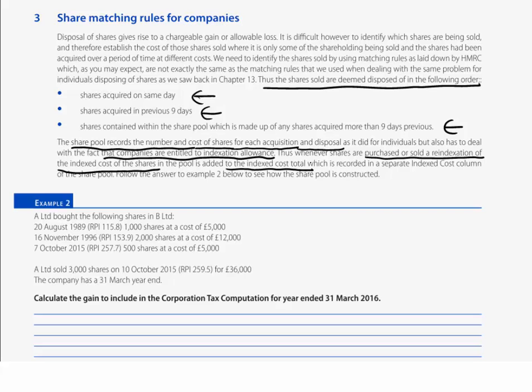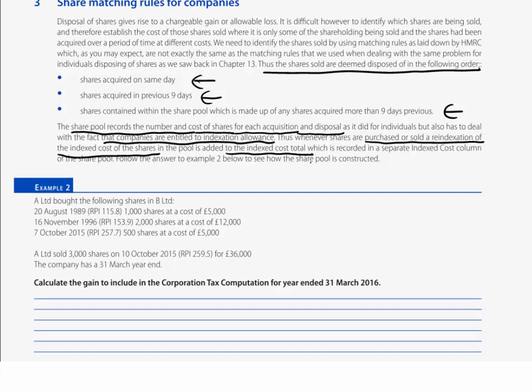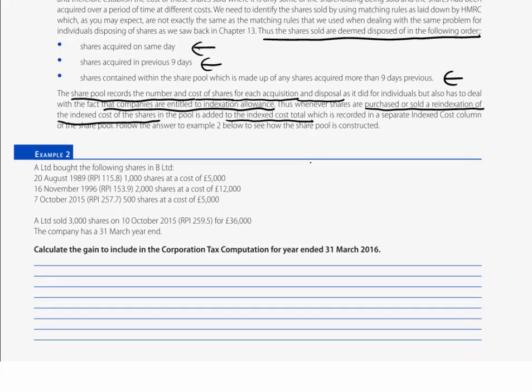Right, let's have a little look therefore at example 2 to see how it is that we deal with such a disposal. Our requirements: calculate, of course, the gain to include within the corporate tax computation for the year ended 31st of March 16. Again, we must relate the disposals made to the accounting period, the chargeable accounting period for the company in which they will be charged to tax.